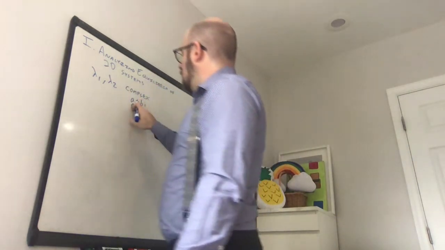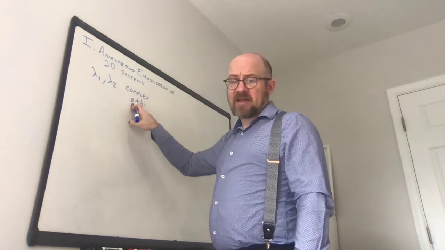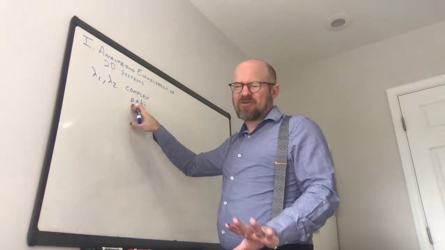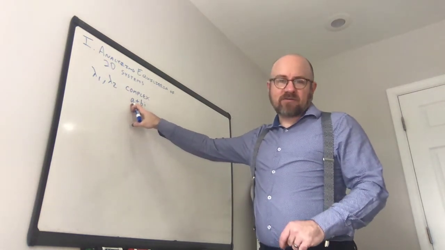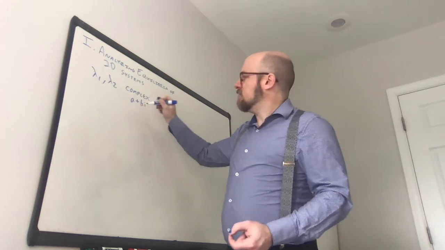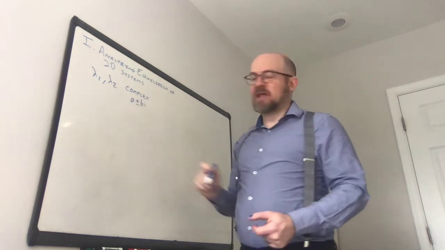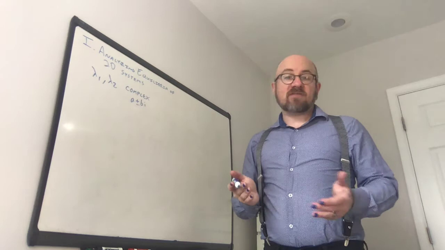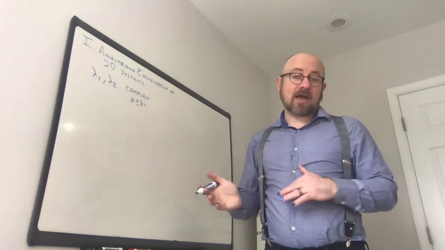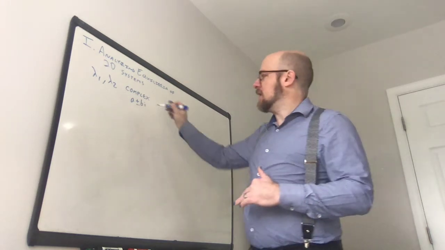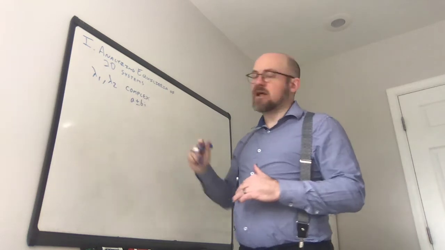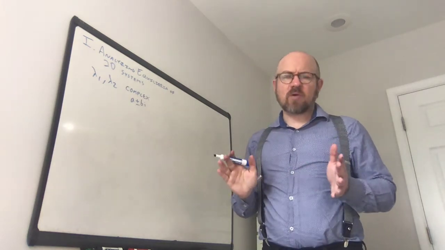Remember, for complex eigenvalues, or actually maybe I haven't told you this, eigenvalues come from roots of a polynomial. And so if you've got two complex eigenvalues, they'll always be of the form a plus or minus bi. You'll talk about that in linear algebra, probably in differential equations, so I'm not going to go into it.